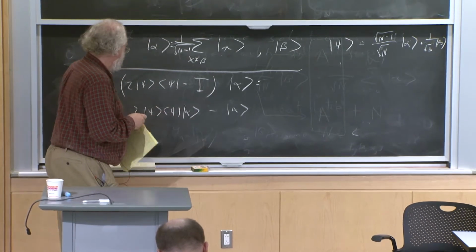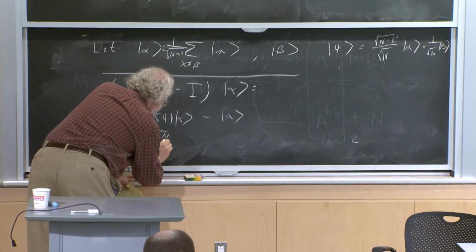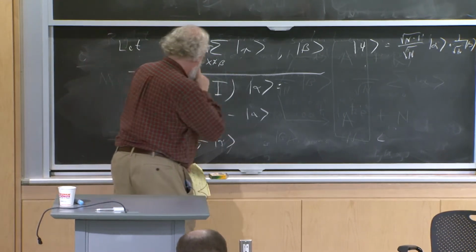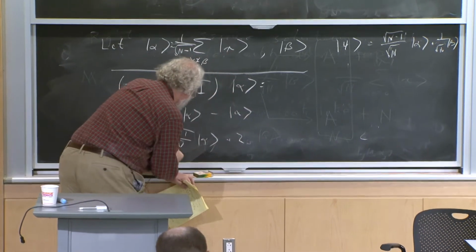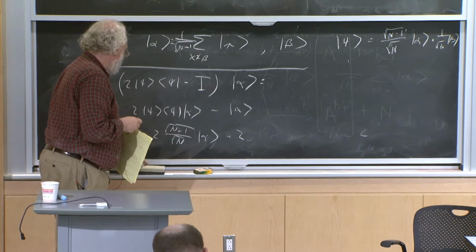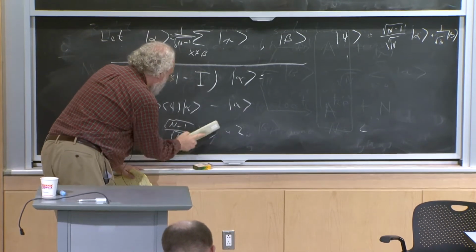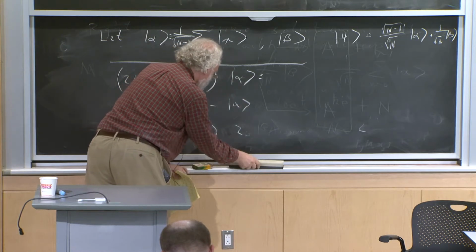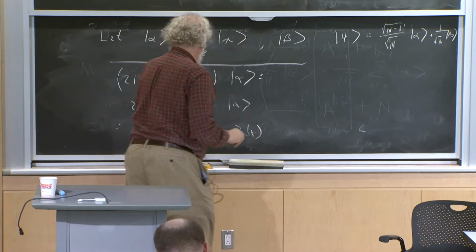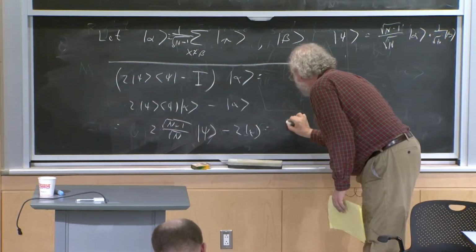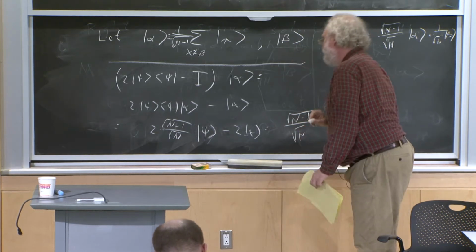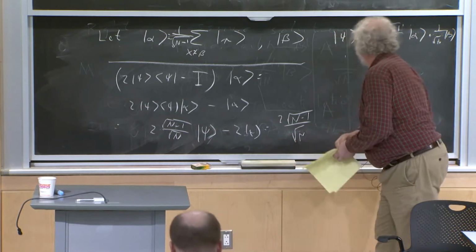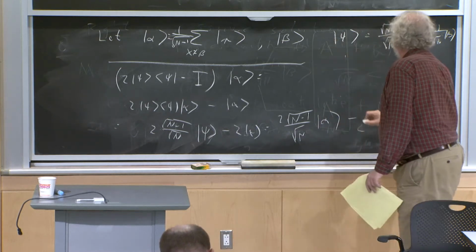So you take this inner product, you get 2 root n minus 1 over root n psi minus 2 alpha, which is equal to root n minus 1 over root n alpha plus 1 over root n beta, minus 2 alpha.